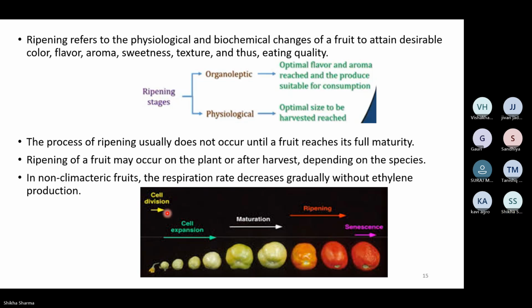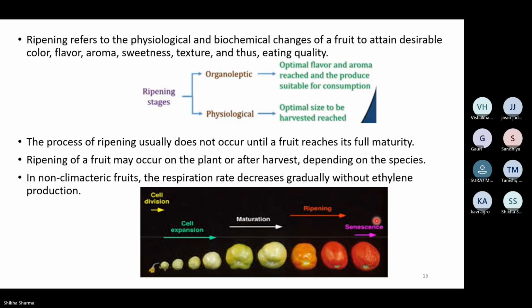One cell will be divided into two to four, like that, an exponential division, and then cell expansion. When all the cells have divided completely, their size will expand. After that, they reach the maturation state and then ripening.